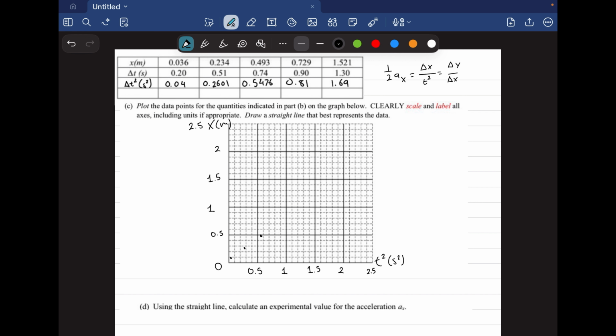Then 0.81, here. And then last point, 1.69, and then 1.521, right here. So the best line would be like that. Okay.